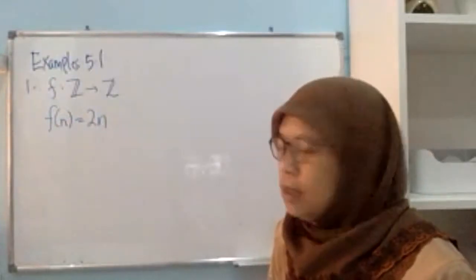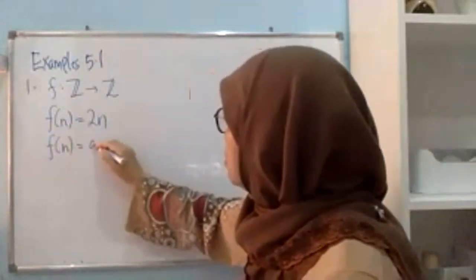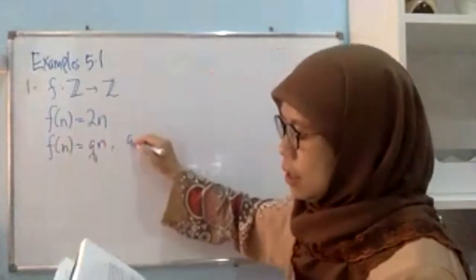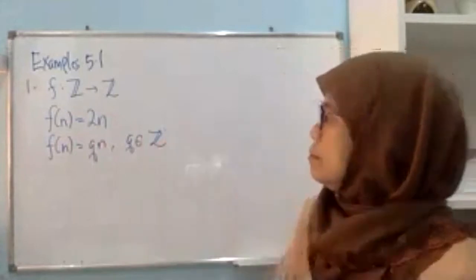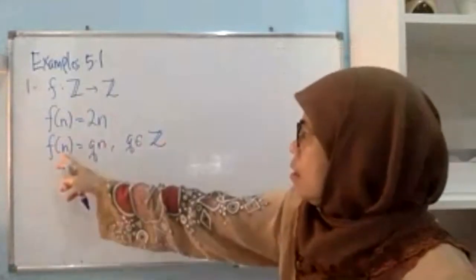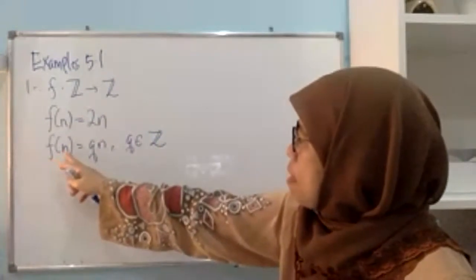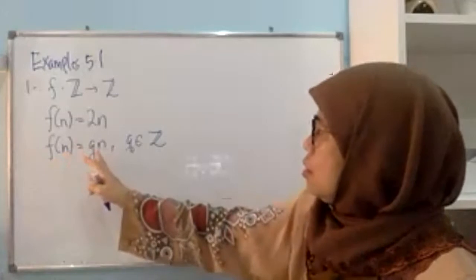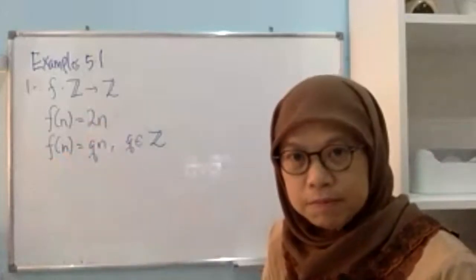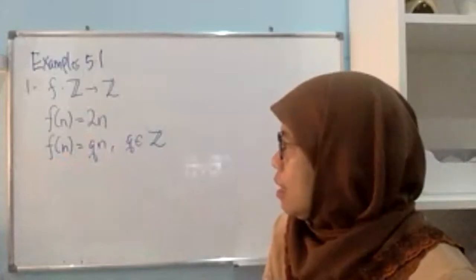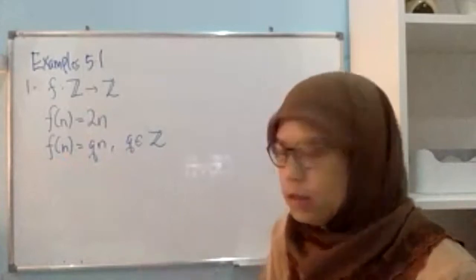Now, in general, if you have this where q is any integer, sending an element to a multiple of the element, okay, this is an isomorphism. Okay, why? I'll just show one example for the first one, and the rest you have to try.